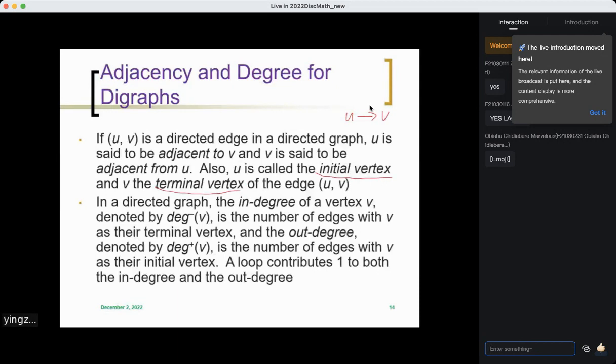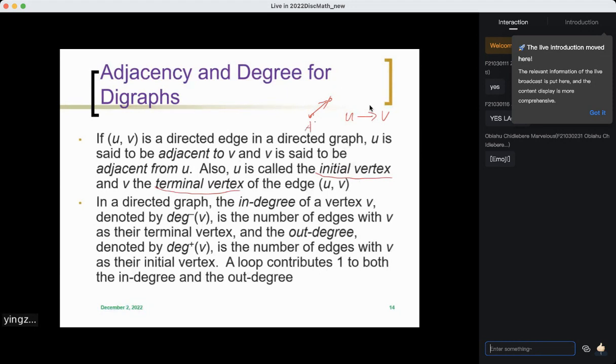And for degree, an undirected graph has no arrow, so their degree is just combined together. But the digraph has arrows, which means in and out.